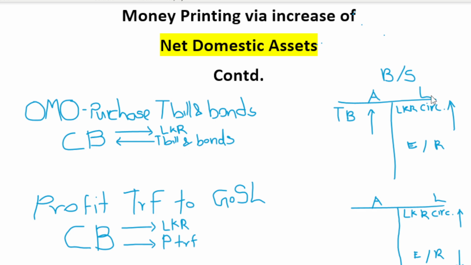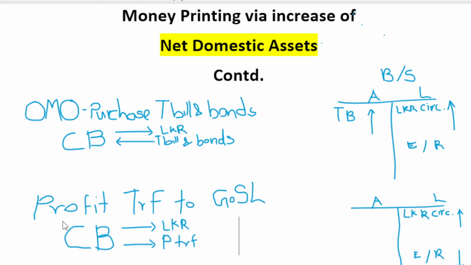In the balance sheet of central bank, there will be an increase of assets by way of increase of treasury bills and bonds. In the liability side, there will be an increase of LKR in circulation. This is what happened.